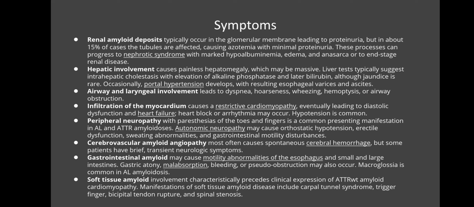If it is in fingers and toes, it can cause peripheral neuropathy. If in the cerebrum, it can cause cerebral hemorrhage. Gastrointestinal amyloidosis can cause abnormalities of the esophagus and intestines, causing malabsorption, internal bleeding, pseudo-obstruction, etc.